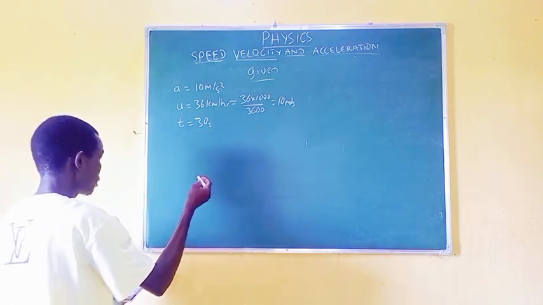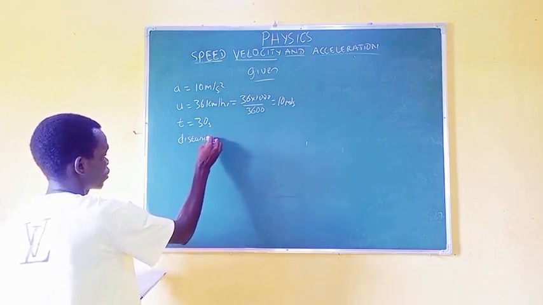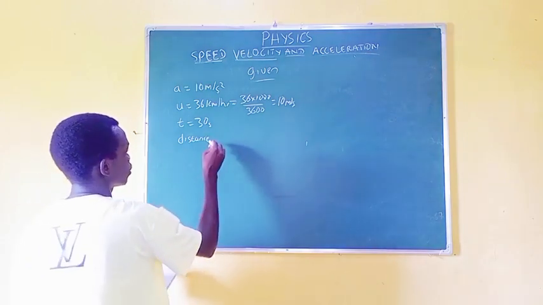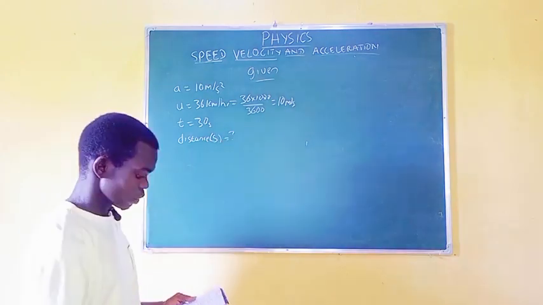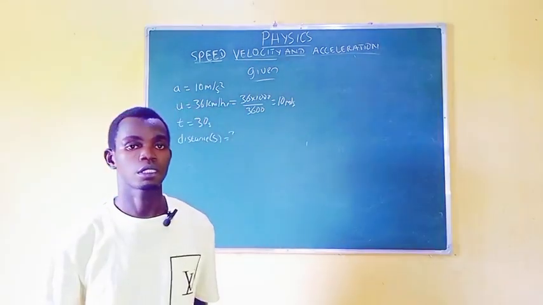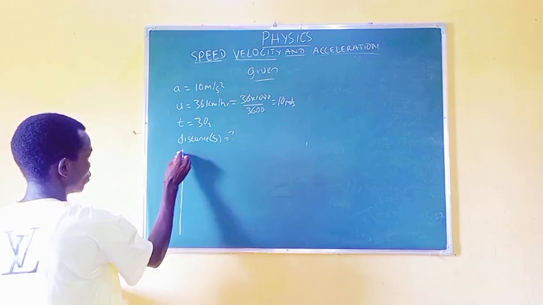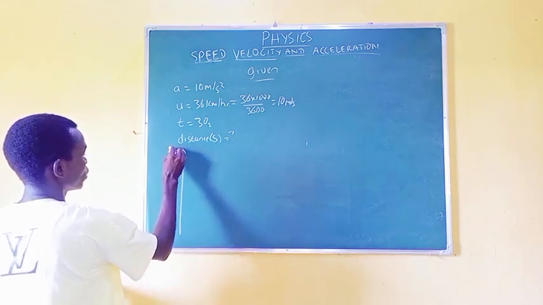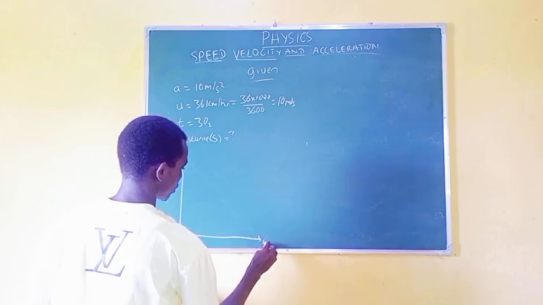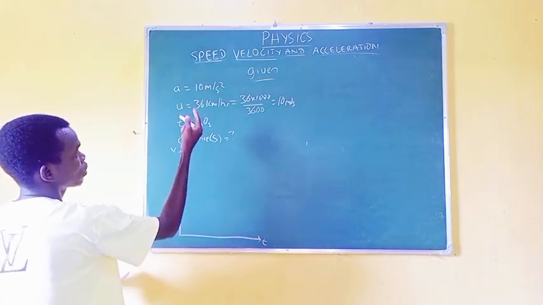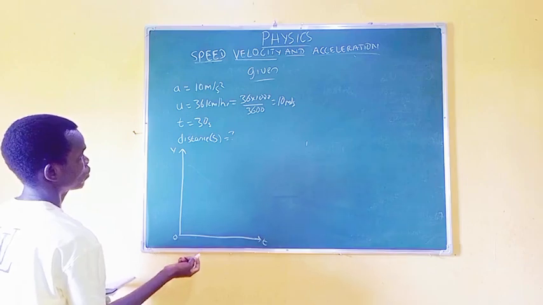We are asked to find the distance covered during this period. Let's say S. The first thing to do is to draw the velocity time graph. The vertical axis represents velocity, the horizontal axis represents time. And we know that uniform acceleration is equal to 10 meters per second square.